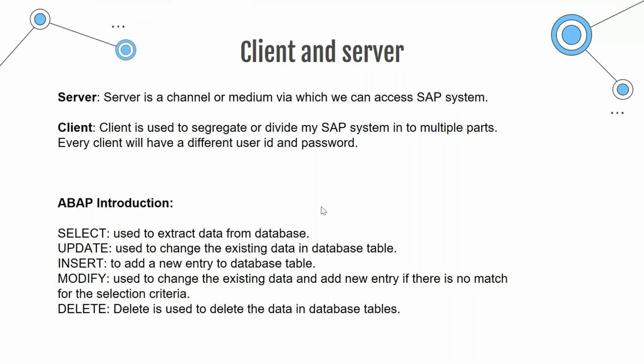I'll show you tomorrow. So basically, what client does is, when I want to divide my one single SAP system. Let's say I am working for a global client, and in this global client, I have some sensitive information.